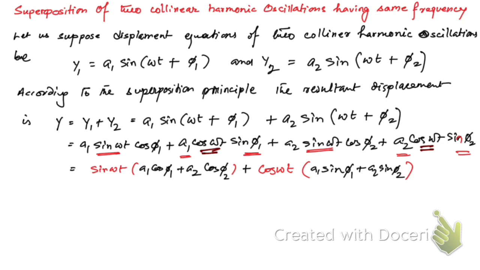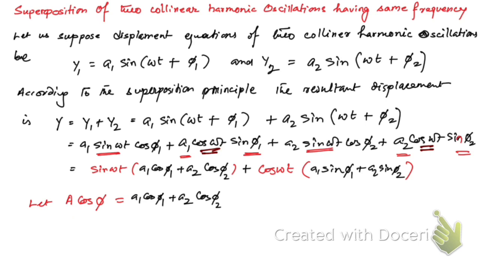Now let us consider this first part as a cos phi, and let us take this second part as a sine phi. Let me write here: let a cos phi be equal to this, a1 cos phi 1 plus a2 cos phi 2, where a is the resultant amplitude.